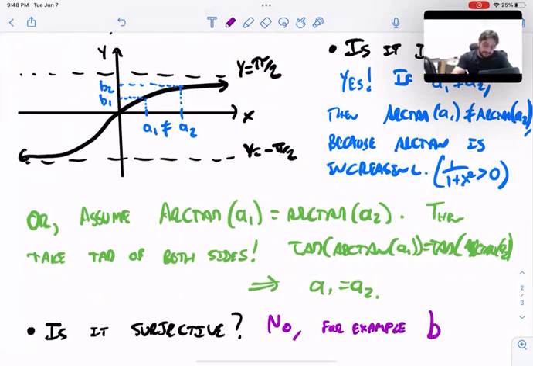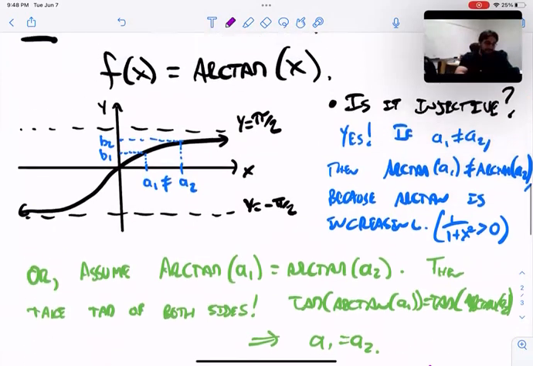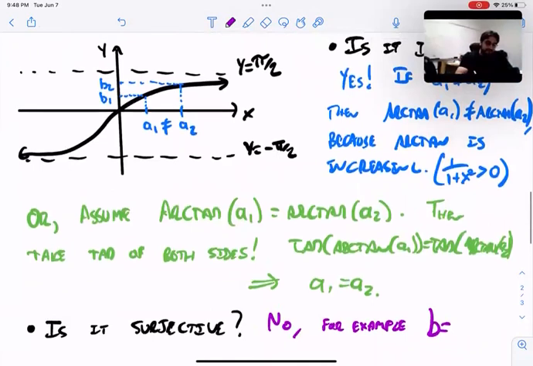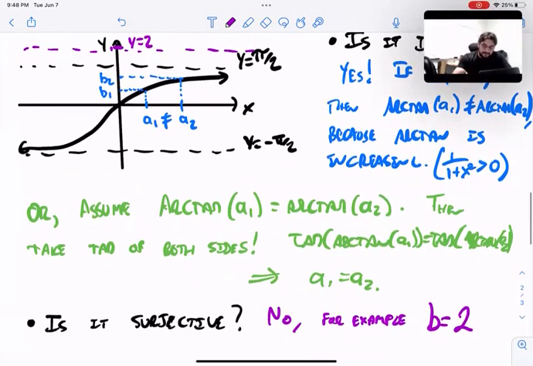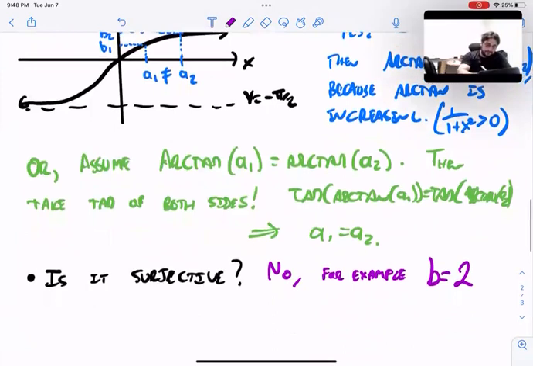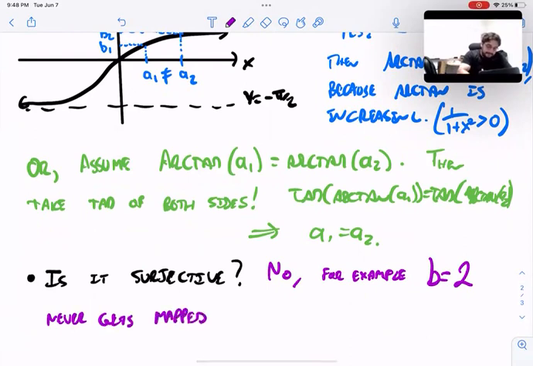So for example, let's just pick something bigger than pi over 2 or smaller than minus pi over 2. Let's say B equals 2. If you're up here at y equals 2, no input ever gets sent to that output, because 2 is greater than pi over 2. So B equals 2 never gets mapped to.